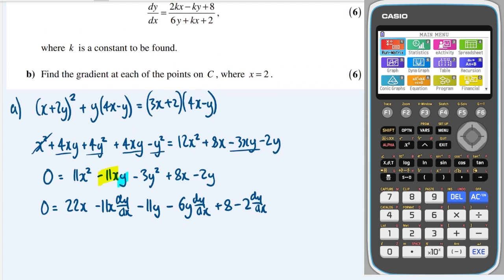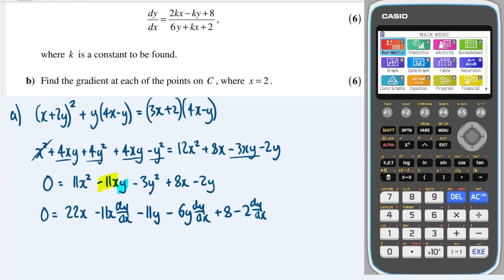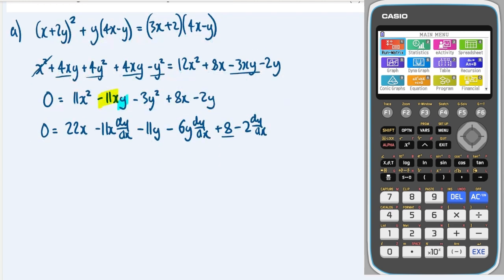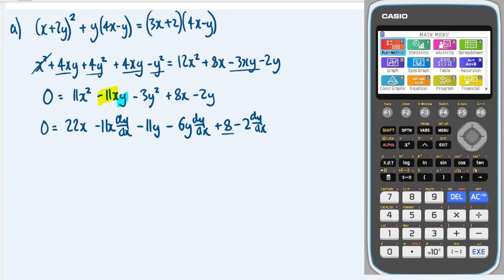Okay, we need to make dy/dx the subject, and I can see here that we've got a plus 8, which is going to be this plus 8 here. So let's move all of the dy/dx terms to the left-hand side. And they're all negative actually, so that's perfect. So when I move them all to the left-hand side, I'm going to factorise at the same time, just to save a bit of time. How many dy/dx's do I have?